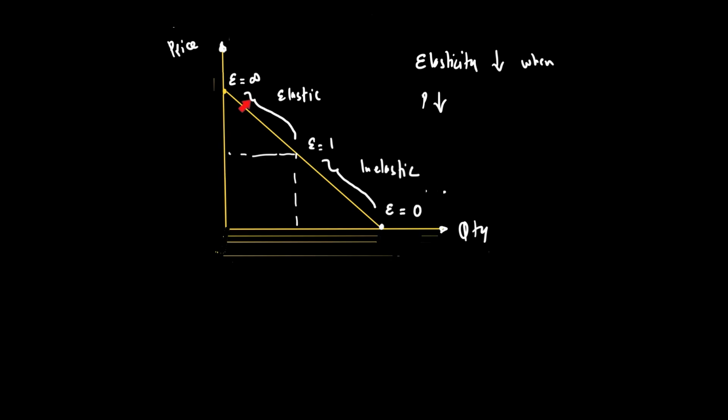Now, this has an implication on revenue as well. When the good is elastic, what do you do in order to make the revenue go up? The answer is, when the good is elastic, the lower the price, the higher the total revenue.